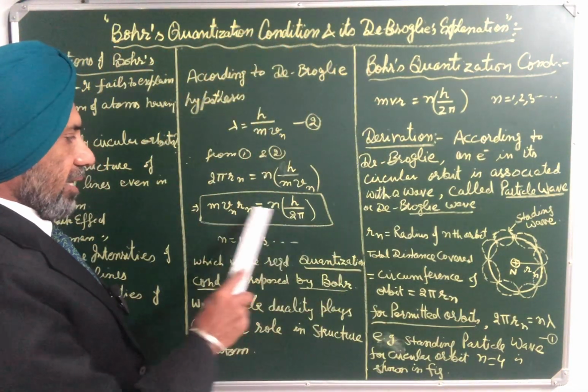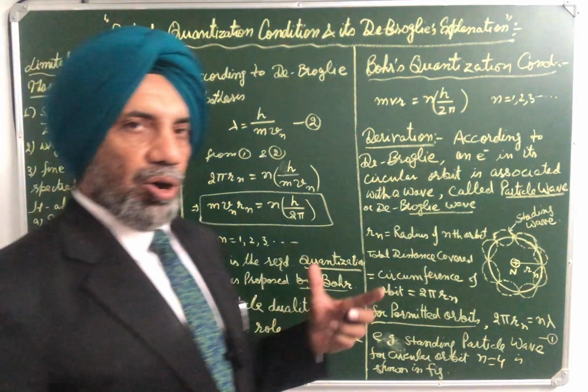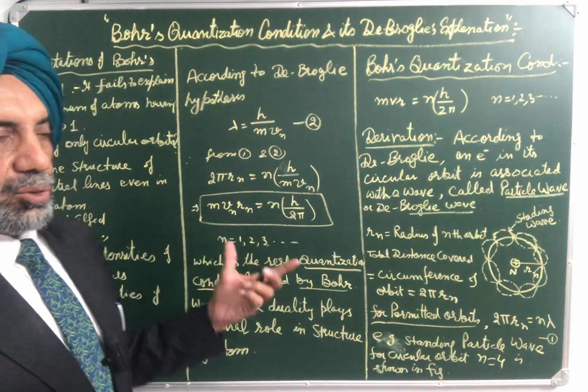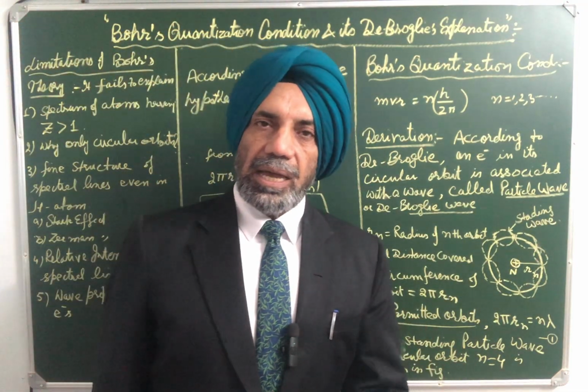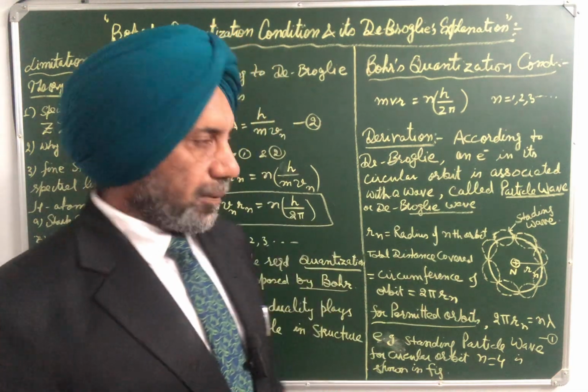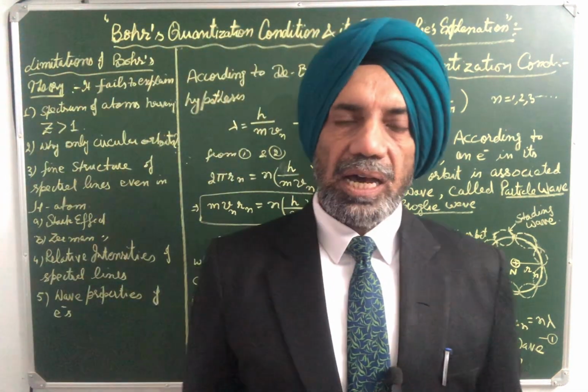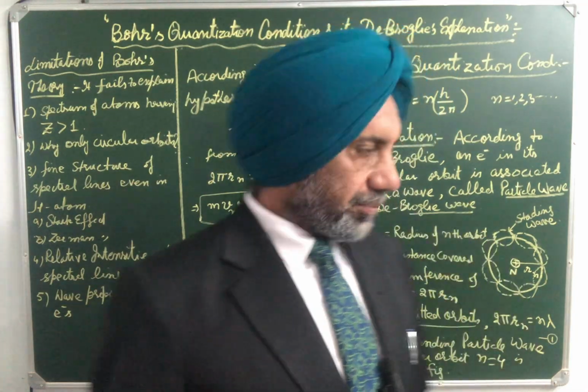This states that the total angular momentum of the orbital electron revolving in a particular orbit is equal to an integral multiple of h upon 2 pi, meaning the total angular momentum of the orbital electron is always quantized in nature.